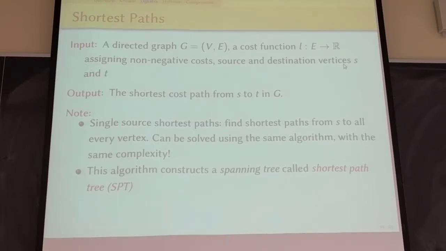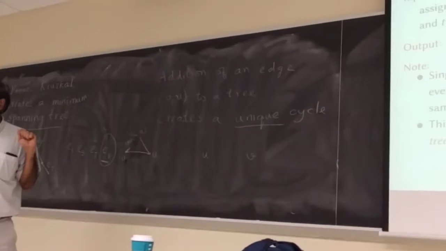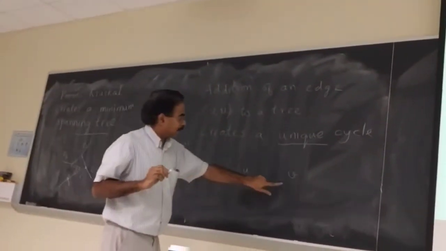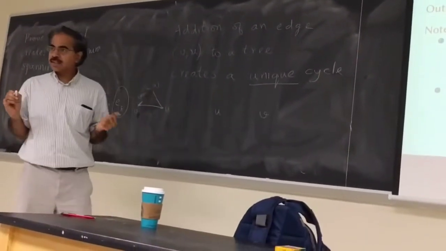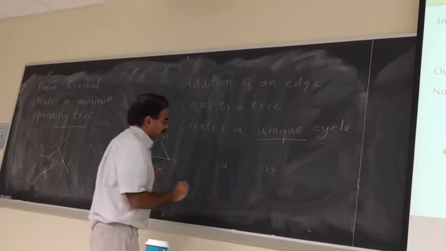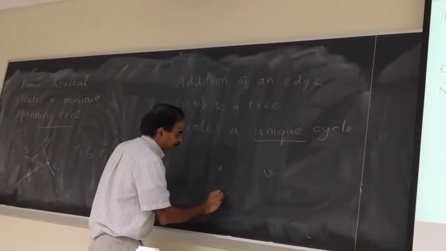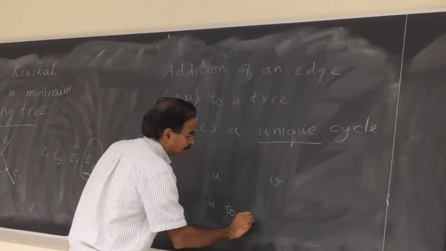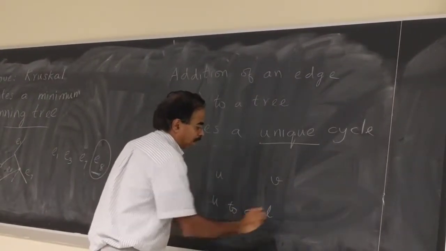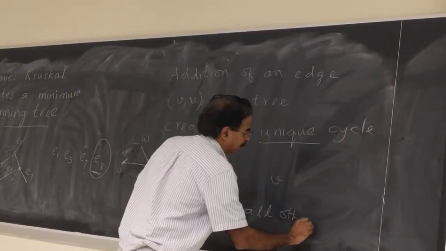So suppose you are asked to find the shortest path between U and B, right? Finding the shortest path between U and B has about the same complexity as finding the shortest path from U to all other vertices.